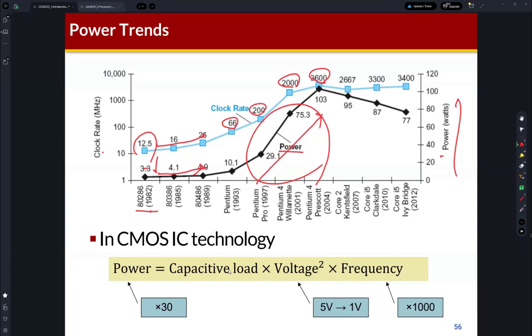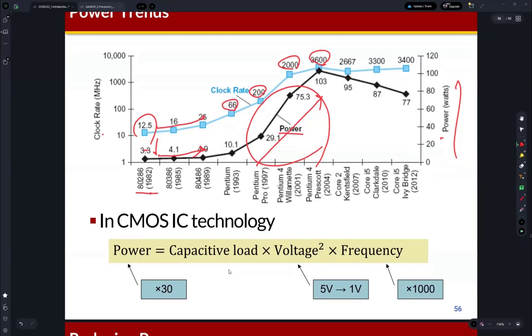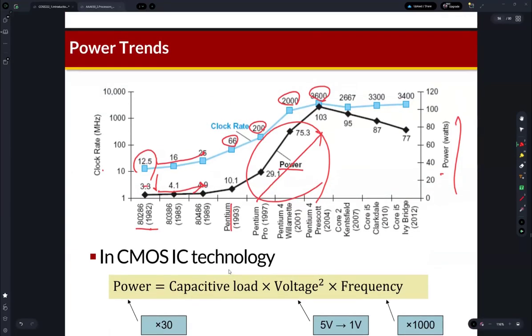Like the Pentium and then the Pentium Pro, you can find that the power consumption of a CPU increases dramatically. But we can also observe that during this period, the clock frequency was 200 megahertz, and then at this point, it's 2 gigahertz, right? So fast. So what does that mean?